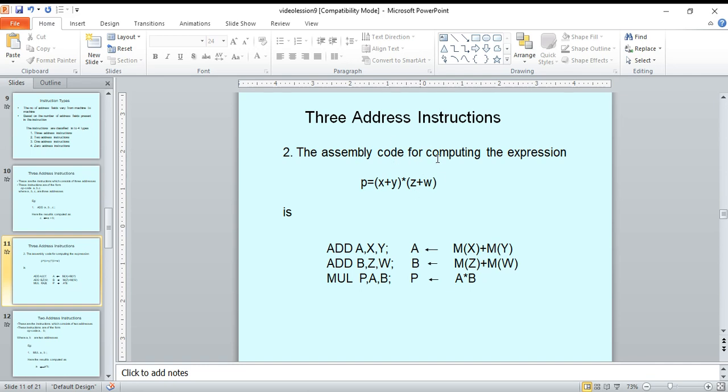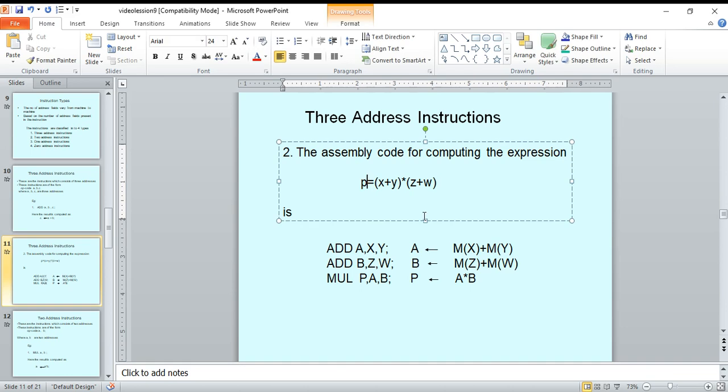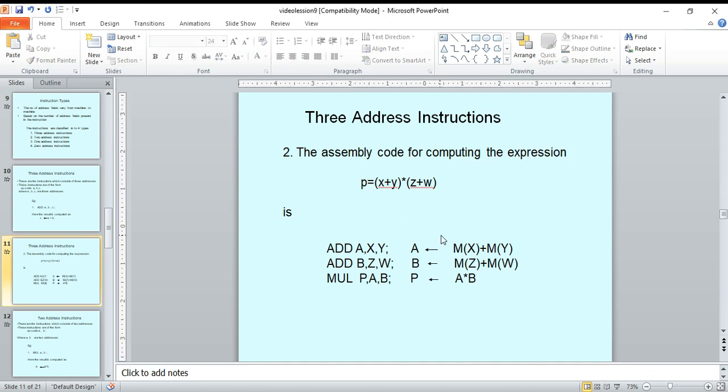After the addition of the other two, we get another result placed in another register. Finally, we perform the multiplication of these two, and the result is placed into the P register. That is how we have to write the three address instruction format.